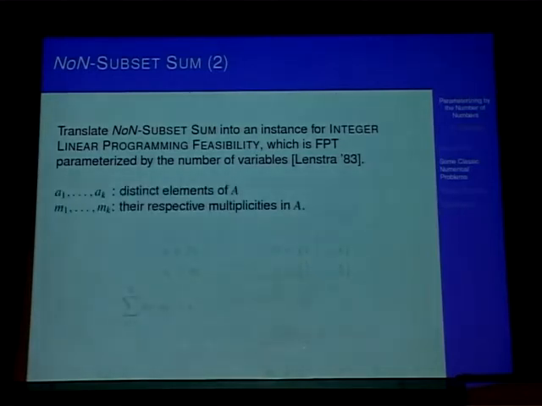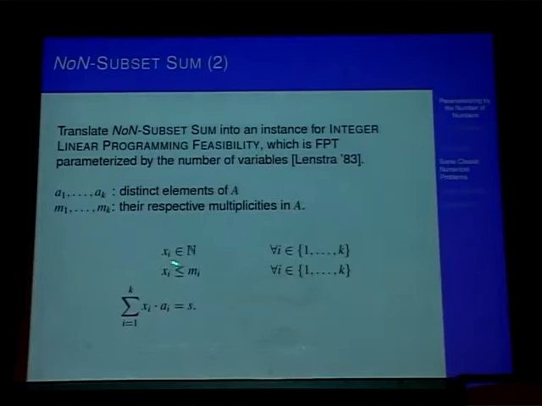Let's say that in our input for subset sum, the number a_i occurs m_i times in this multiset. Then you can write a straightforward, simple ILP for this. x_i is the number of times a_i will occur in the solution set.